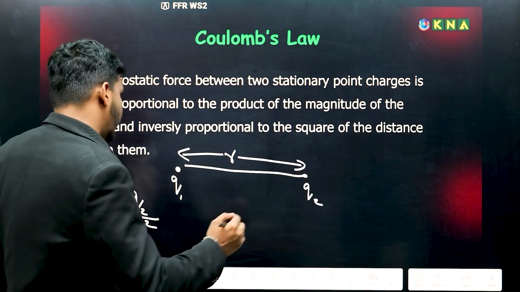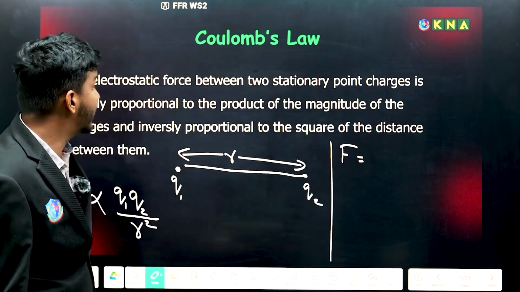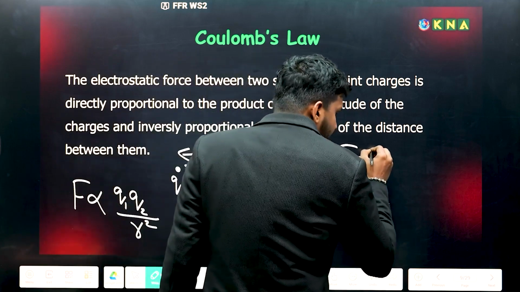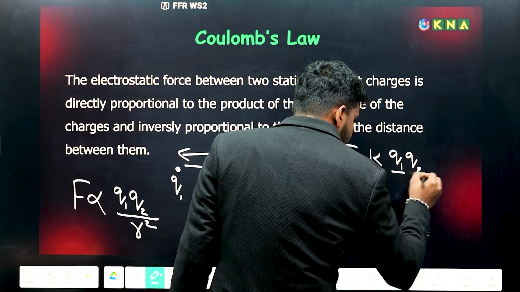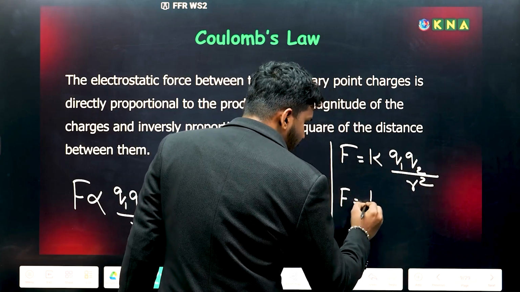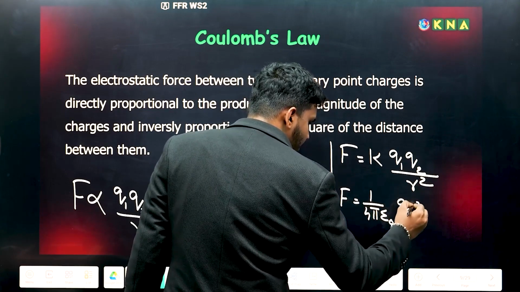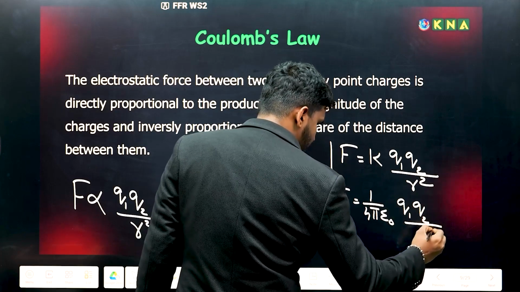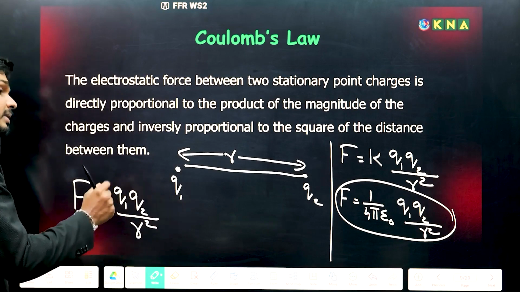F is proportional to Q1 Q2 by R square, then F equals K into Q1 Q2 by R square, where K is a constant. K is 1 by 4 pi epsilon naught. This is the equation of force between two charges.